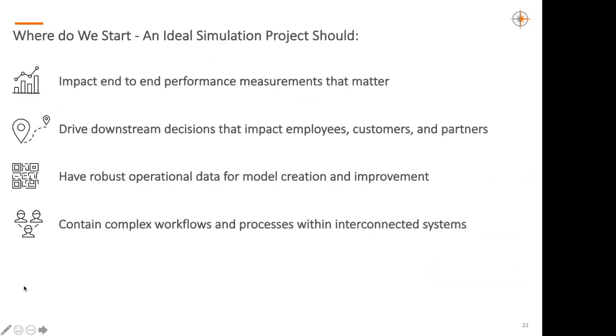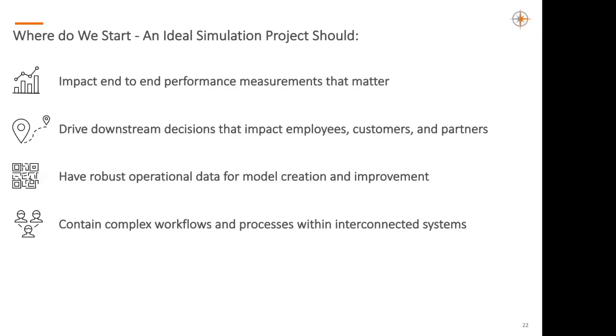So with all that said, examples of where it's been implemented and some of these best practices we've talked about, where do we start? What do we do? So this is not meant to be an exhaustive list, but it is meant to get you started down the road. And any simulation project should basically search out and try to simulate and analyze end-to-end performance processes with end-to-end performance measurements that matter.